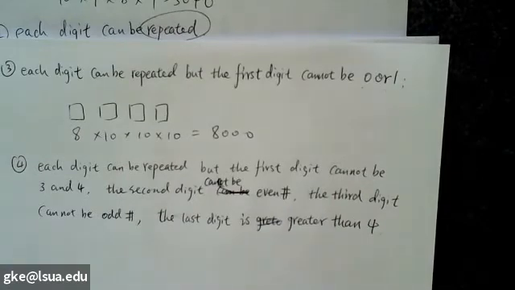After you find the possibilities for each box, just multiply the possibilities for each box, and you're going to get the answer. So if the second digit can't be even, and the third digit can't be odd?